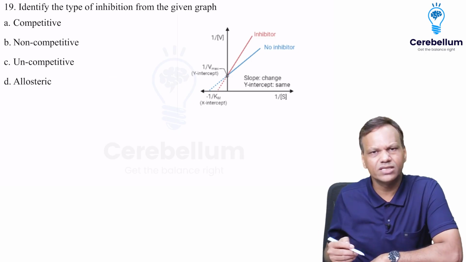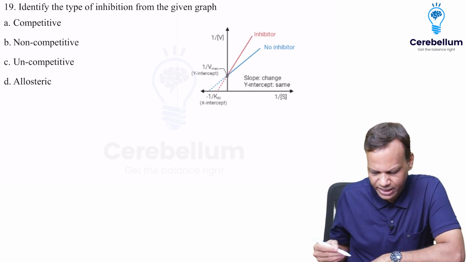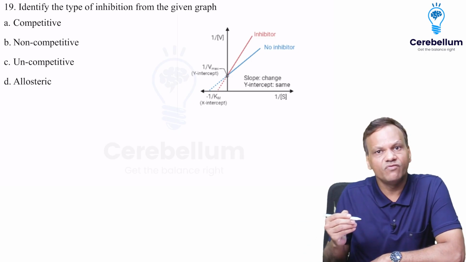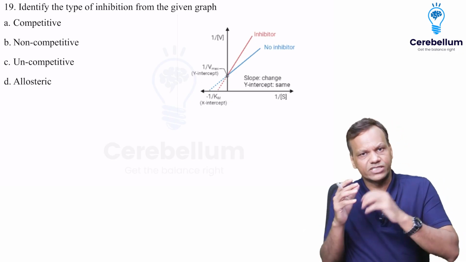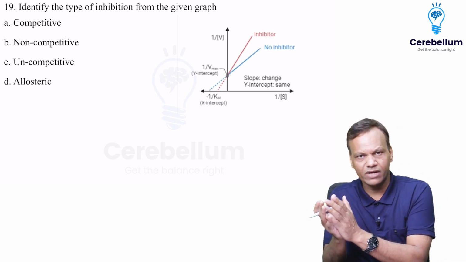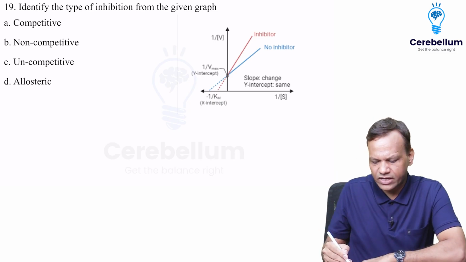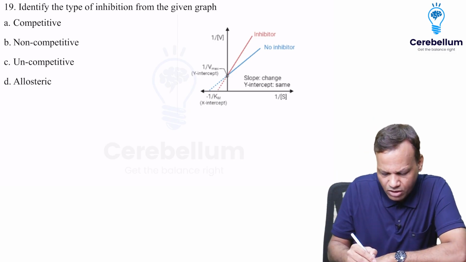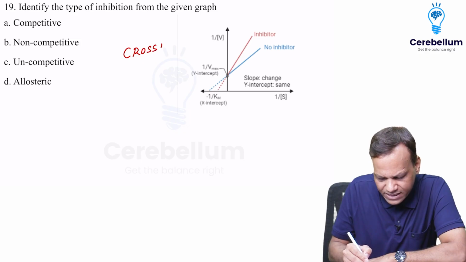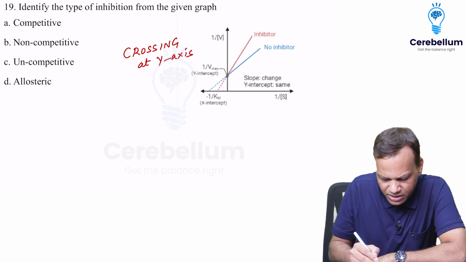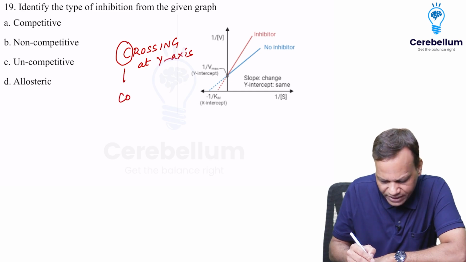Okay, next question. This is a repeat question we discussed several times. So from the Lineweaver-Burk plot, you need to tell which is competitive, which is non-competitive. So very easy. We discussed if the graph is crossing at the y-axis, so you can remember C for cross. C means competitive inhibition.